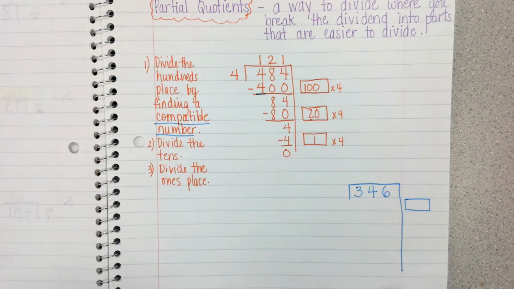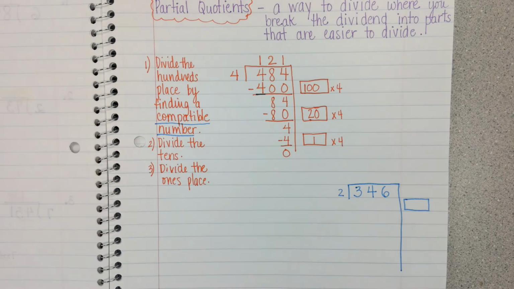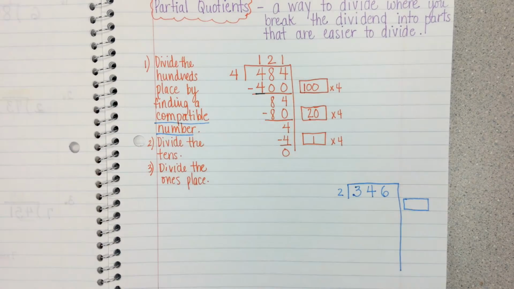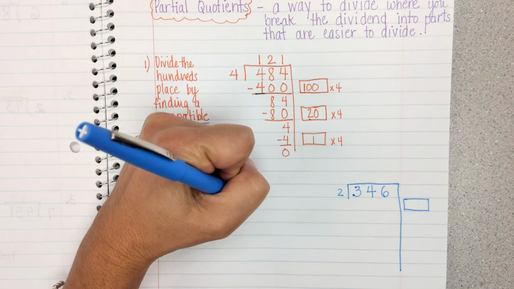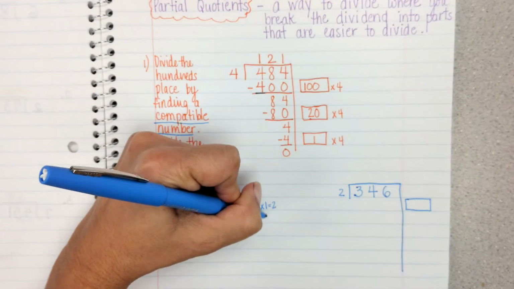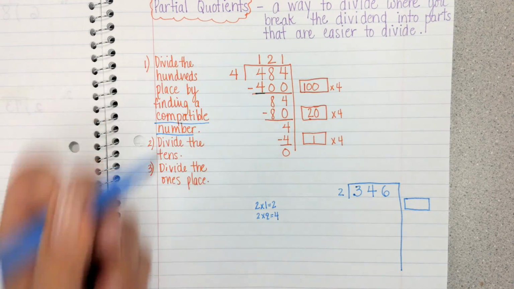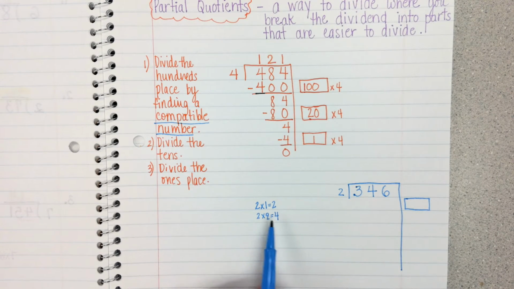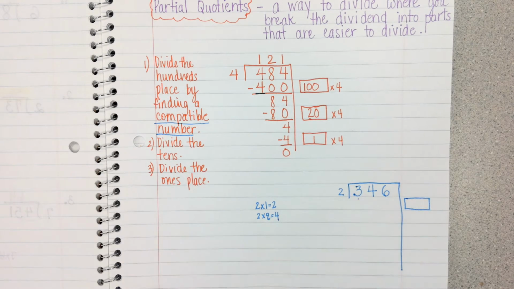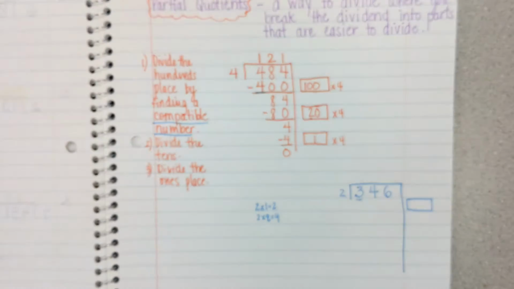Our divisor in this problem is 2. Okay. So again, we're starting to divide in the hundreds place by finding a number that's compatible and to the greatest place value. So if I do my multiples of 2, I know that 2 times 1 is 2, and 2 times 2 equals 4. So I don't even need to get bigger than 2 times 1 because 4 is going to be too big here. We're focusing on the hundreds place.